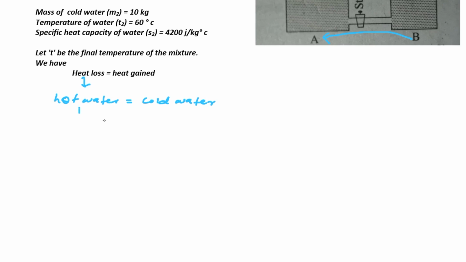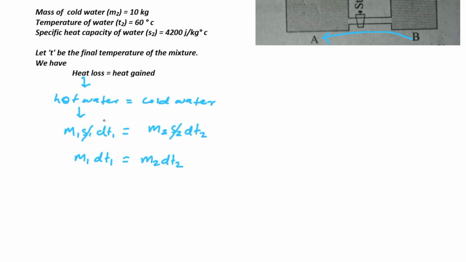We have the heat equation Q equal to m s dt. So m1 s1 dt1 equals m2 s2 dt2, and both s are the same, so they cancel, and we have m1 dt1 equal to m2 dt2.